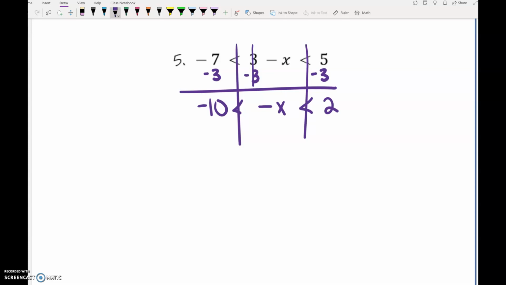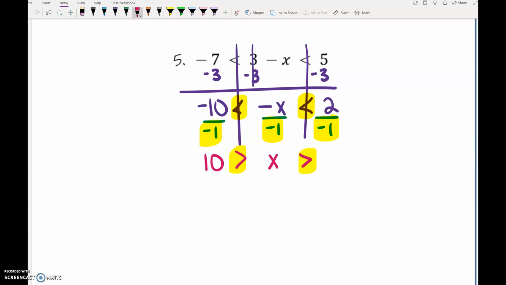How do we get that negative away from that x? Divide by -1. We're dividing by a negative, so we need to flip the signs. So this is going to become 10 greater than x greater than -2.